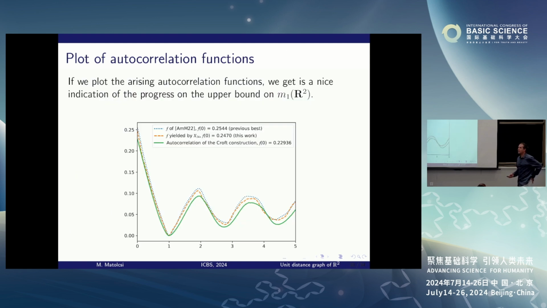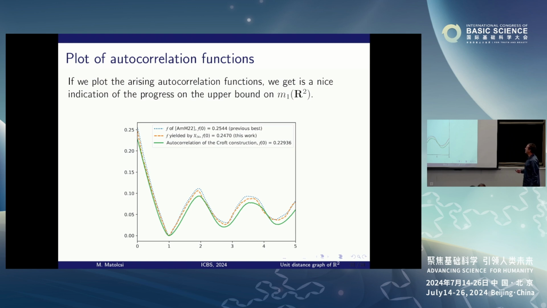Oh, and maybe a last thing is the plot of the autocorrelation functions, because given the Croft construction, you can plot its autocorrelation function, and then you can plot the autocorrelation function which comes out of the solution of your LP, and you can compare the two whether they are close to each other or not. The green line is the autocorrelation of the Croft.